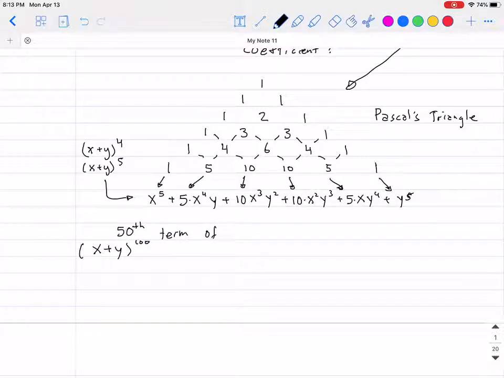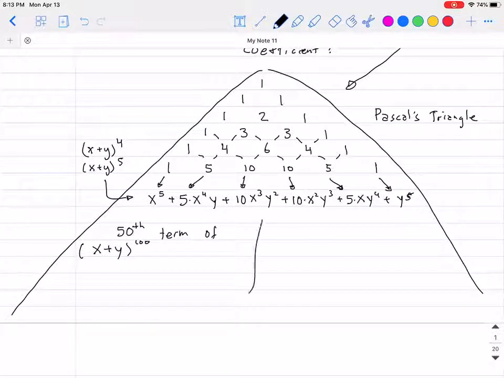Well, you can see how this could be complicated, because if you want to use Pascal's triangle, you're going to have to build all the way down to the layer representing (x + y) raised to the 100th power. And that's going to take a long time, and that's what I want to avoid.